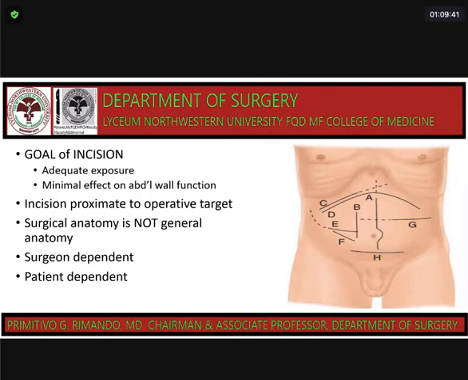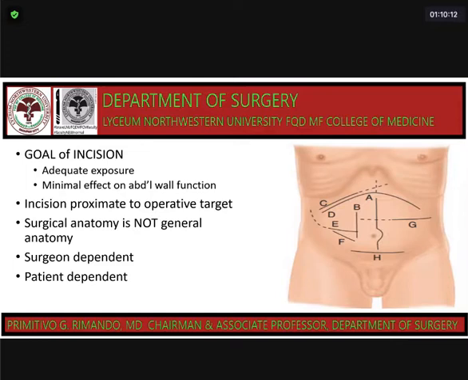It will minimize the effect on the abdominal wall. So it is interesting to tell you that at the start of the 19th century, when surgeons were operating then, the description of an adequate exposure is totally different.